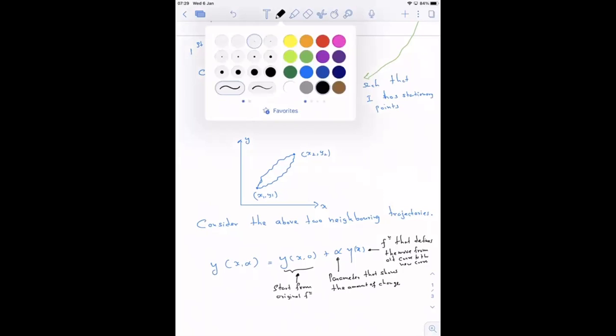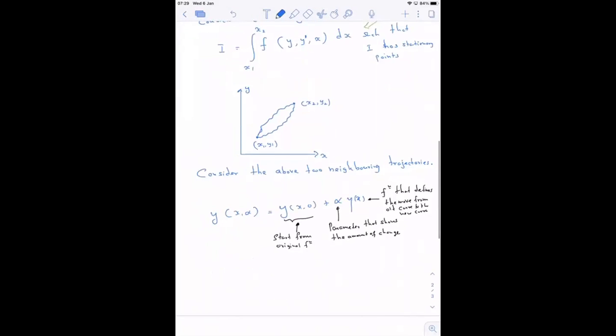And now, let me just write this sentence here just to make it clear. Now we can parameterize the function to show the change from one curve to the next curve.